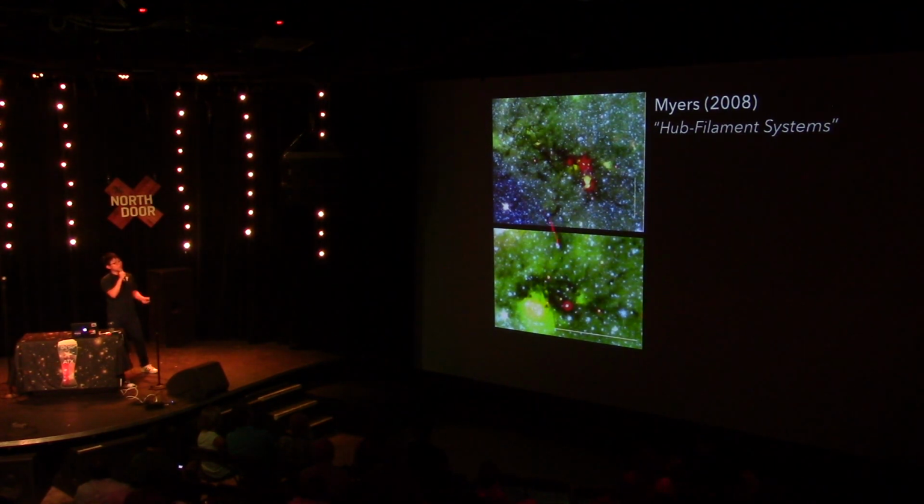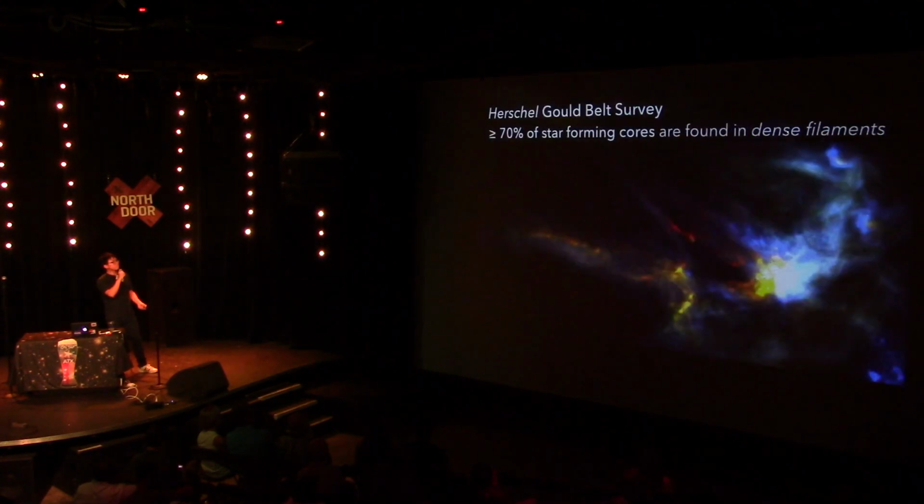For example, here I'm showing two observations from Spitzer, and Myers et al. actually proposed that most of the star-forming regions are found in these kinds of hub-filament systems, basically at the convergent points between several filaments.